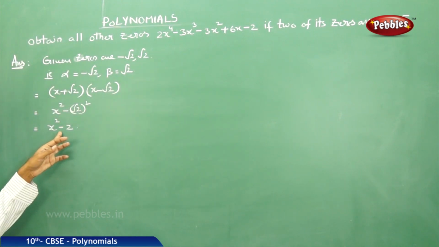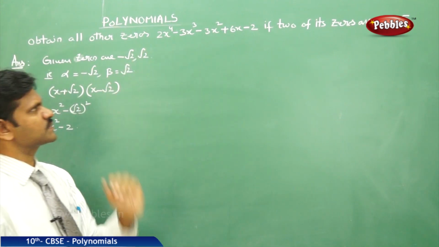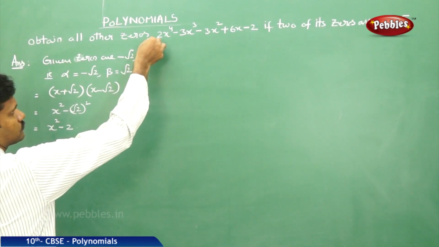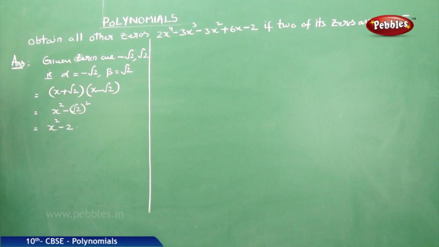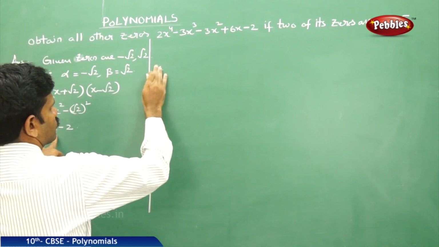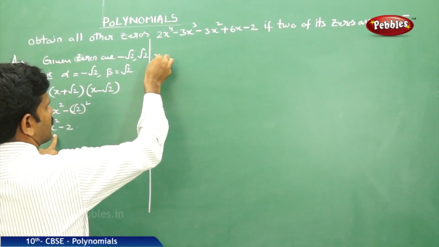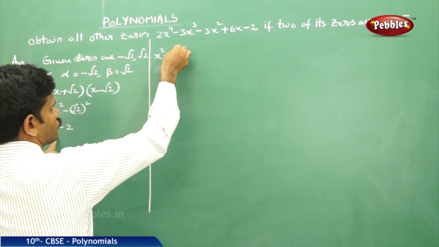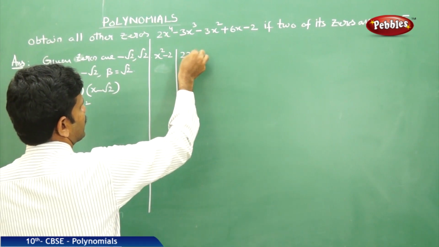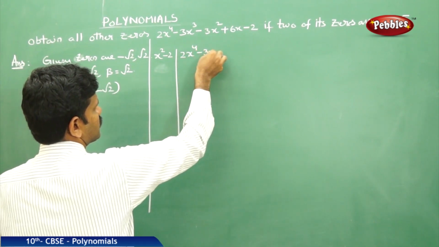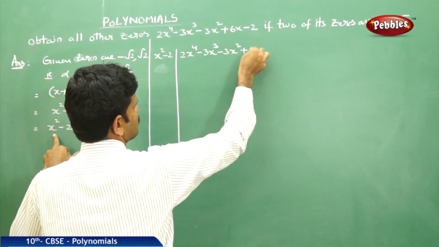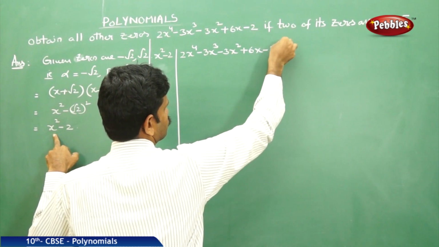Now with this x square minus 2 we divide this part. Now let us consider C. With the help of x square minus 2 you divide this part: 2x power 4 minus 3x cube minus 3x square plus 6x minus 2.